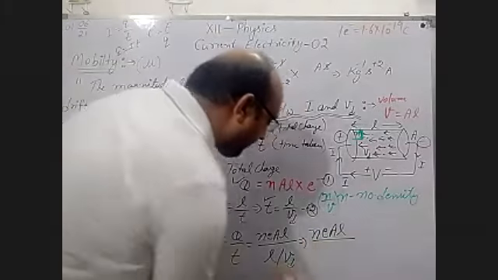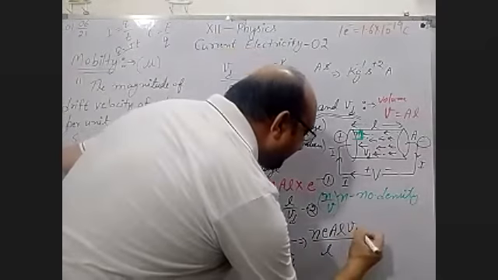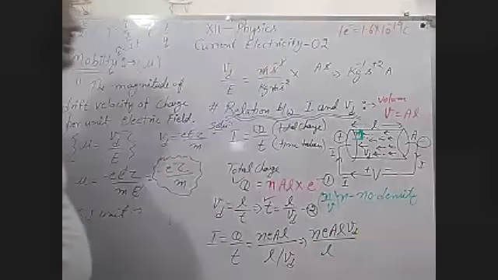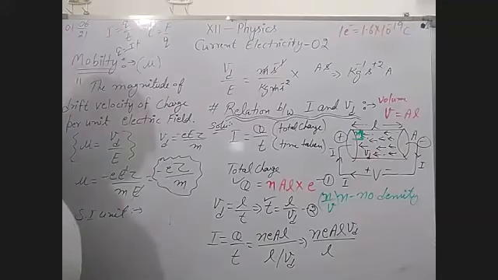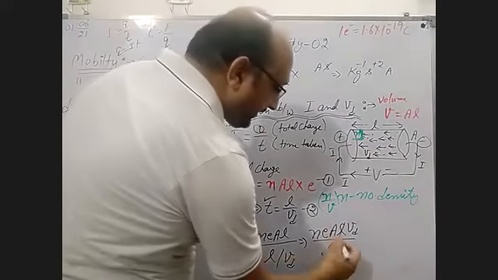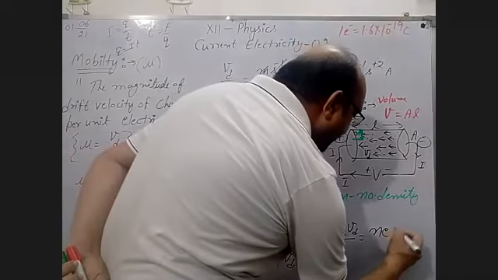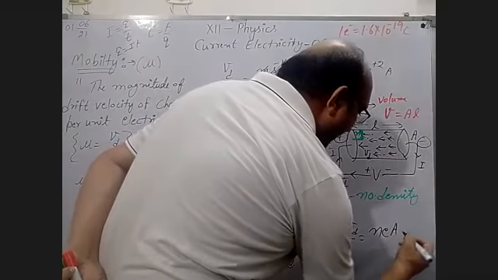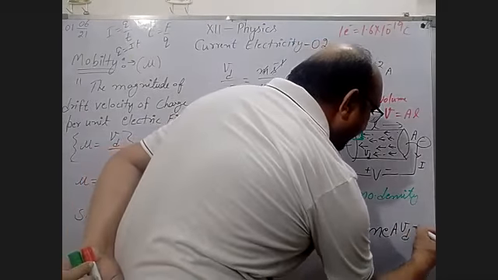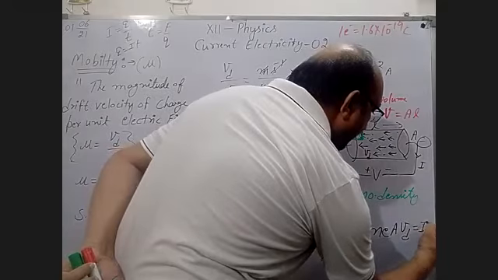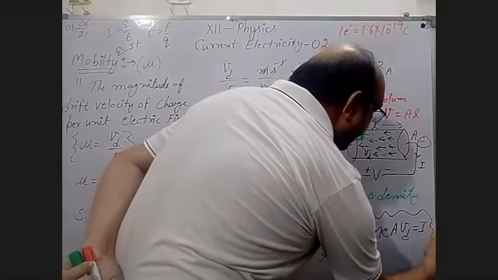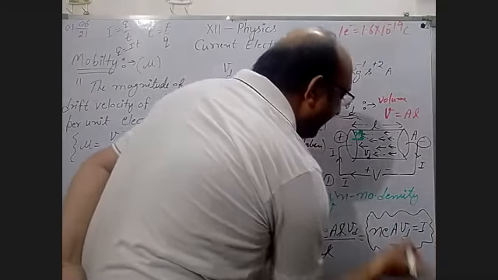neAL upon L, this Vd will come in the numerator. Now L and L cancel, and the remaining thing is neAVd is equal to I. This is the required relation.